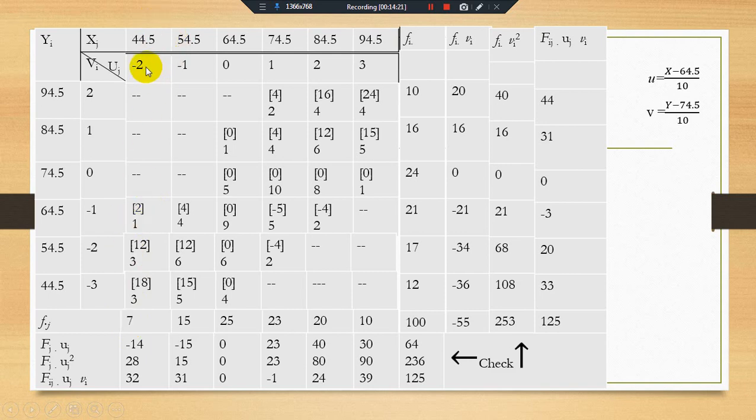You have to multiply minus 2 with 7, you get minus 14. Minus 1 multiplied by 15, you get minus 15. 0 multiplied by 25, you get 0. 1 multiplied by 23, you get 23. 2 multiplied by 20, you get 40. And 3 multiplied by 10, you get 30.